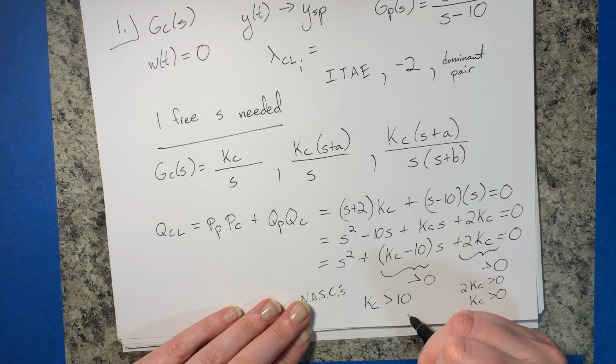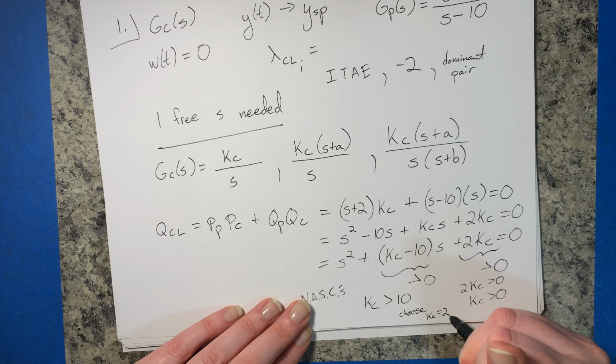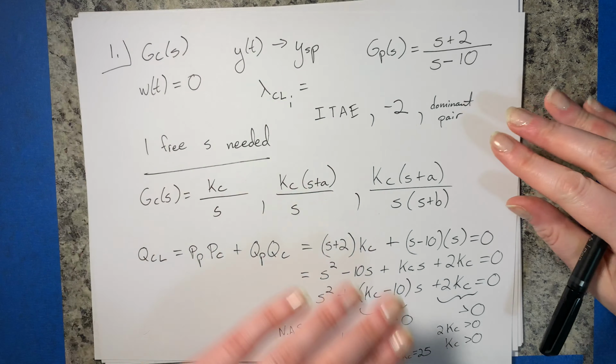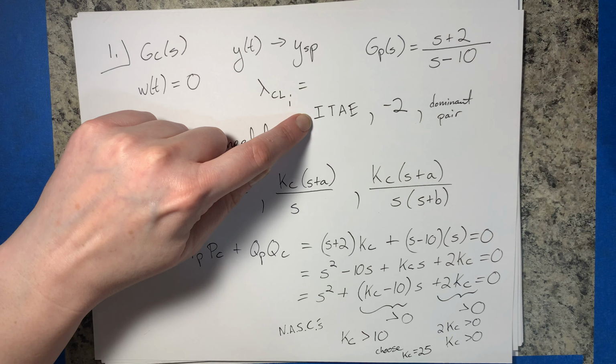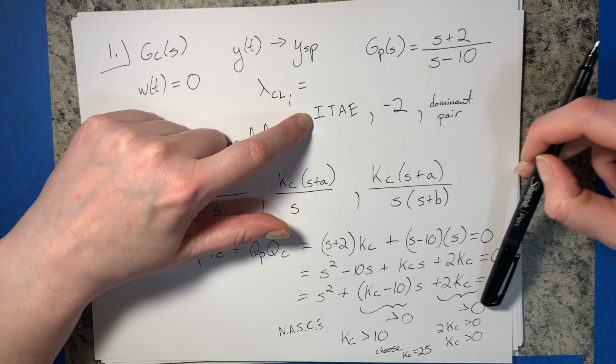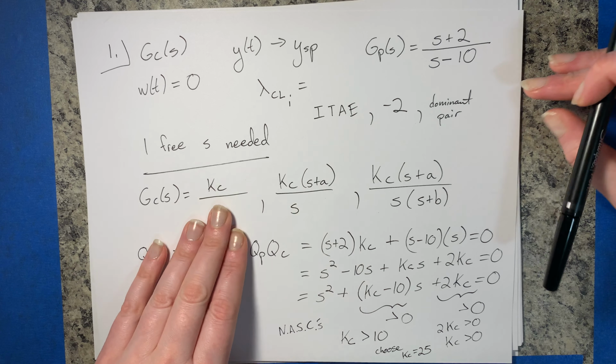So say we choose KC equal to 25. That should satisfy both. One more note: if we wanted to pick ITAE choices, we couldn't really satisfy using this trial design. We'd have to move up.